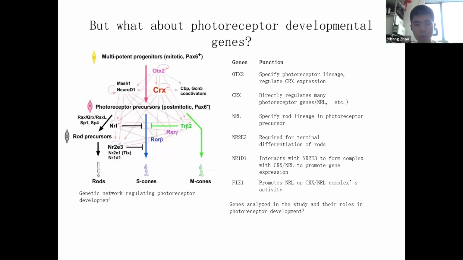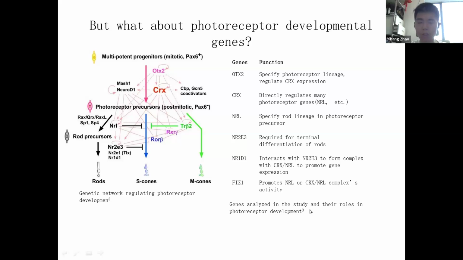But besides phototransduction genes, photoreceptor development genes are also key to photoreceptor cell type, and they are expected to be important to photoreceptor transmutation, because transmutation in the end is about cell types, and those developmental genes determine the cell types. But unfortunately, there isn't any study currently focusing on the photoreceptor developmental genes.